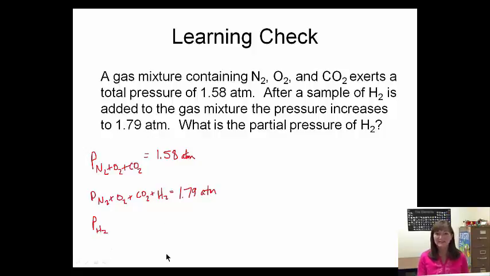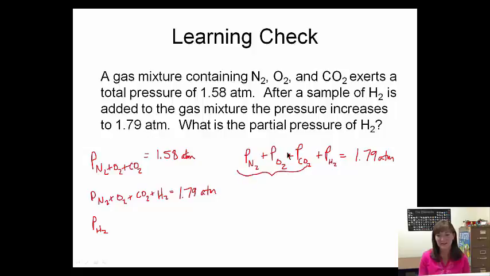Well, using Dalton's law, we know that the pressure of the nitrogen plus the pressure of oxygen plus the partial pressure coming from carbon dioxide plus the pressure coming from hydrogen is going to equal the total pressure, which in this case is the 1.79 ATM. They tell us from before that the pressure exerted by these three added together is 1.58.